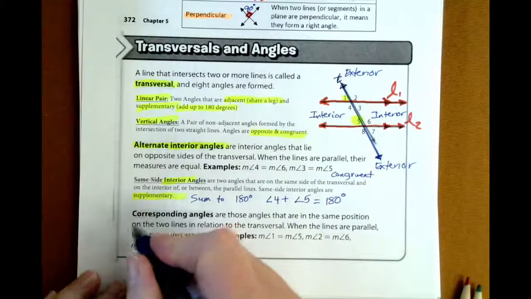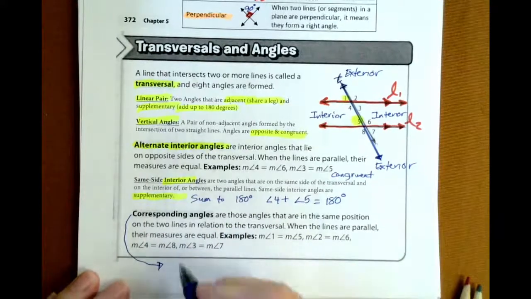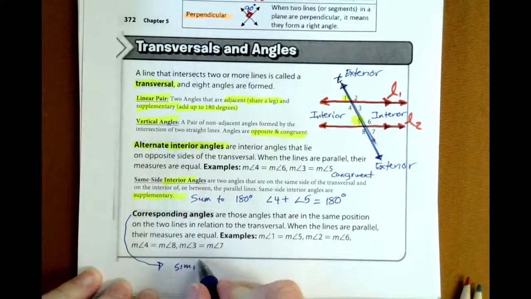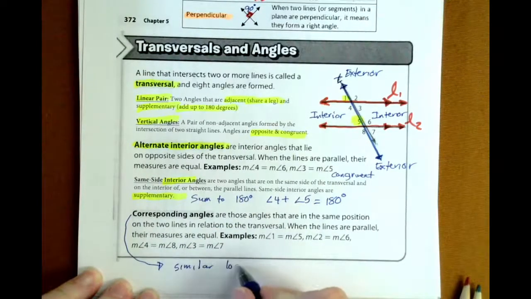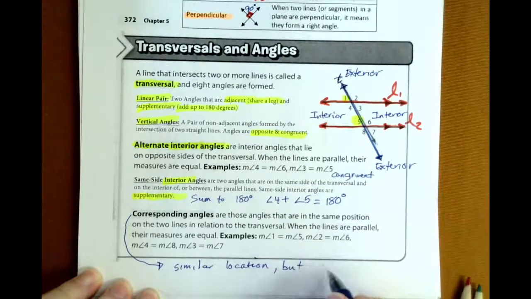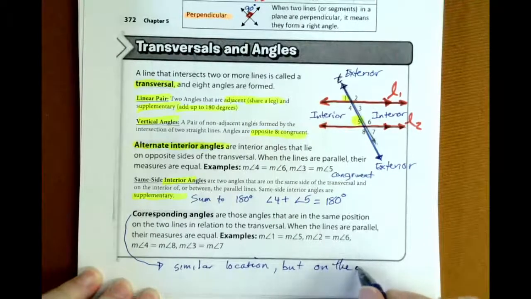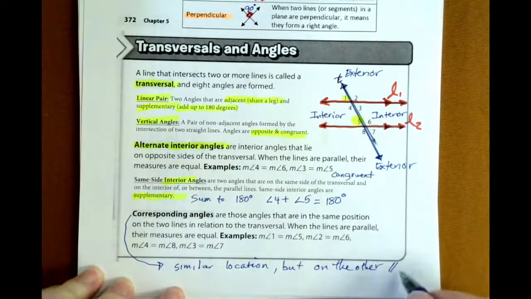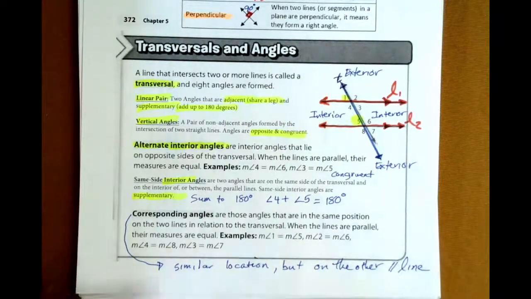So corresponding angles are in a similar location, but on the other parallel line. We can write that for parallel. Okay. And of course, these are congruent.